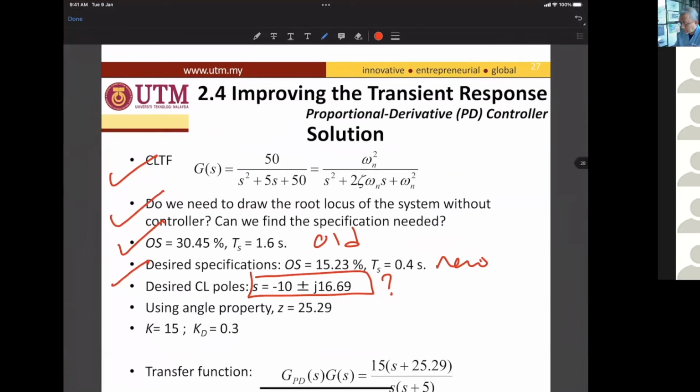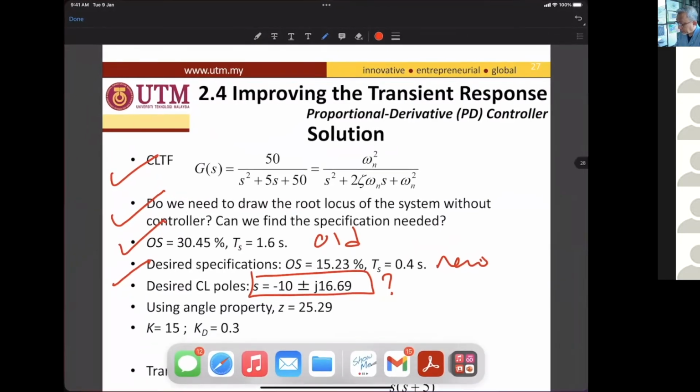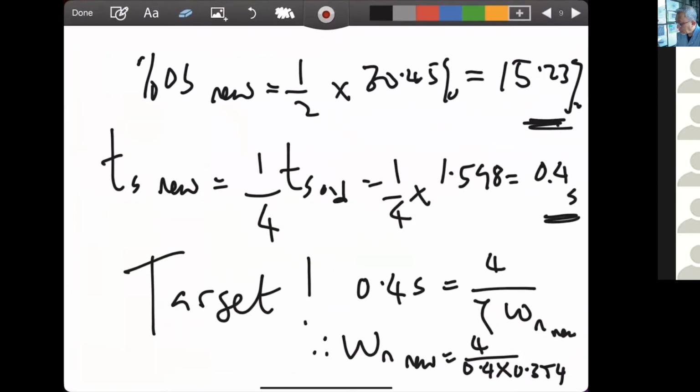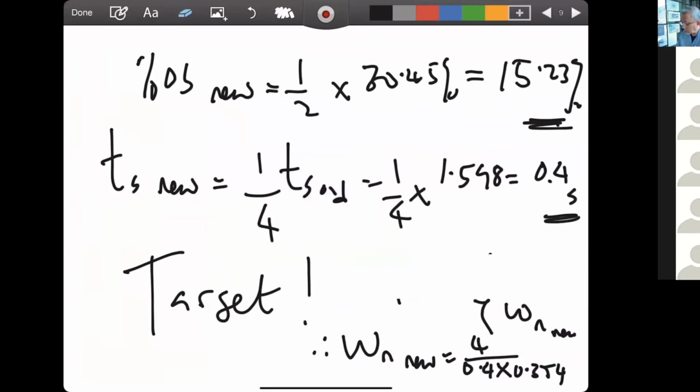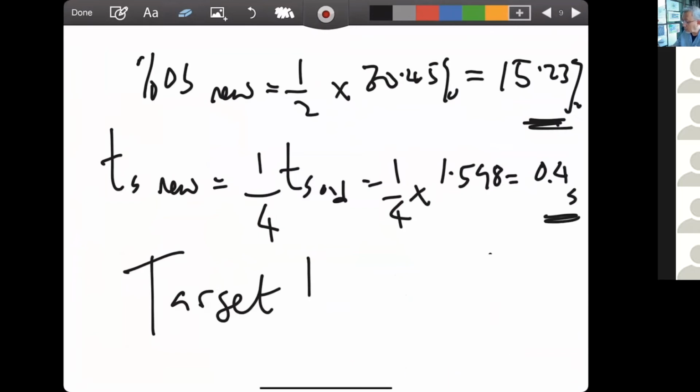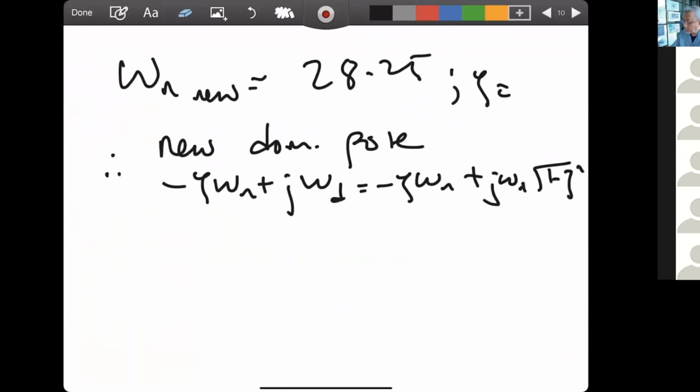Dia punya zeta akan berubah juga. Sorry, yang ini tadi kita kena buang dulu, sebab kita kena kira nilai zeta dulu, nilai zeta bila 15.23.